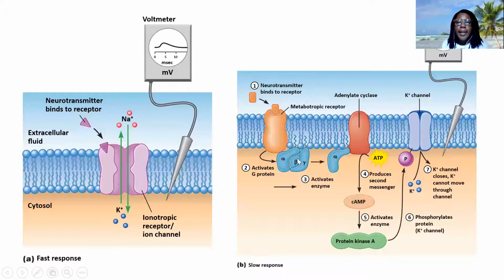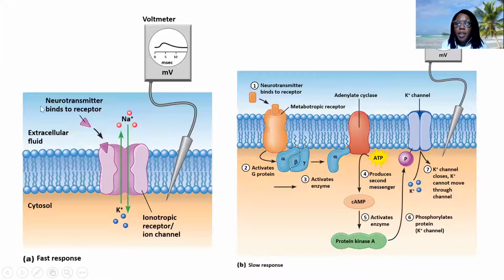So here we're again comparing the fast versus slow response, and I'm going to go over this just to summarize what we talked about on Wednesday and to clarify any misunderstandings. But we've got the fast response. This is where we have an ionotropic receptor as the channel, and because the receptor is also a channel, this is a very immediate, very quick, fast response.